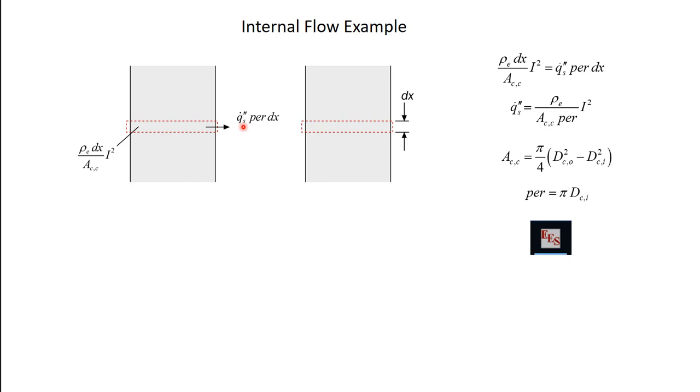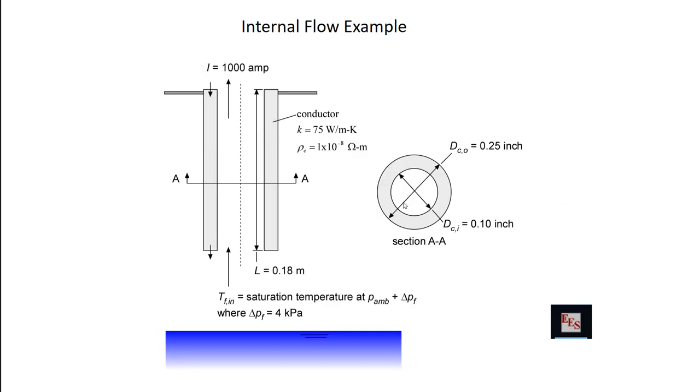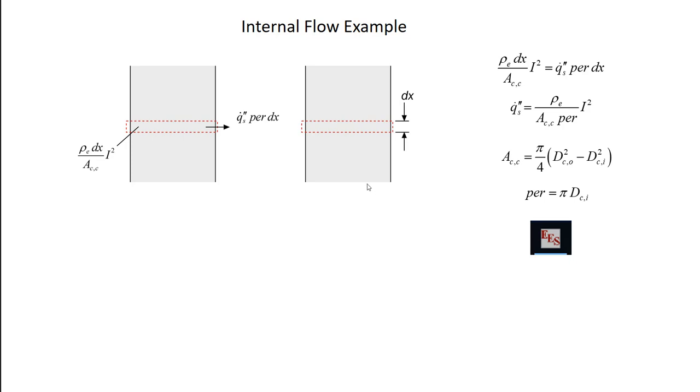So that's a heat flux at the surface of my duct times the perimeter times dx, that's this surface area here. The perimeter I'm talking about is pi times the inner diameter of the conductor, the perimeter that is wetted by the vapor as it flows. So in equals out.